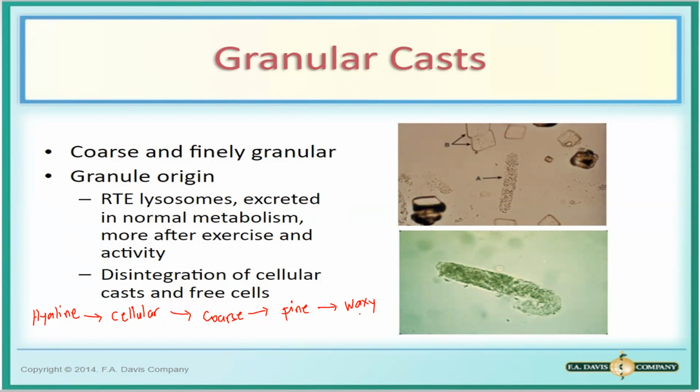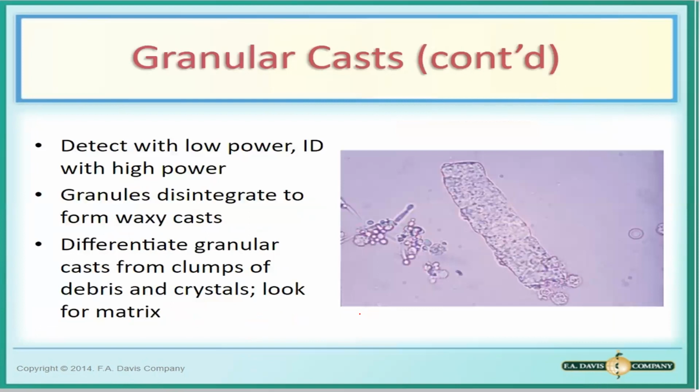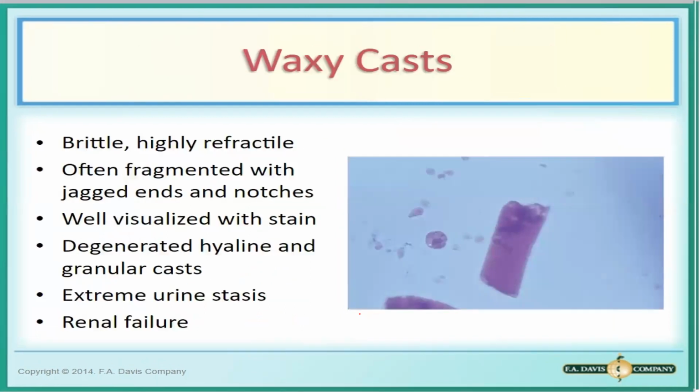Okay, waxy cast. Okay, let's move on sa waxy cast. Ayan po ang itsura ng waxy cast. It is brittle, highly refractile, often fragmented with jagged ends. Okay, so hindi mo siya mako-confuse with hyaline cast even though yung laman nila parehas parang smooth lang sa loob. Kasi this one is highly refractile. Okay?